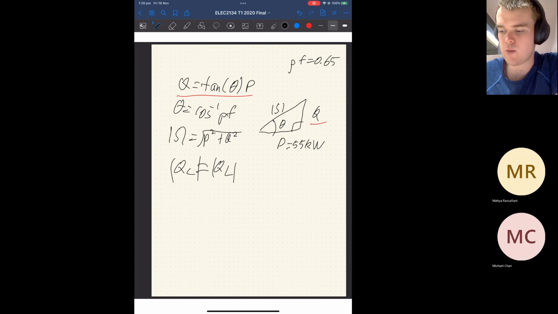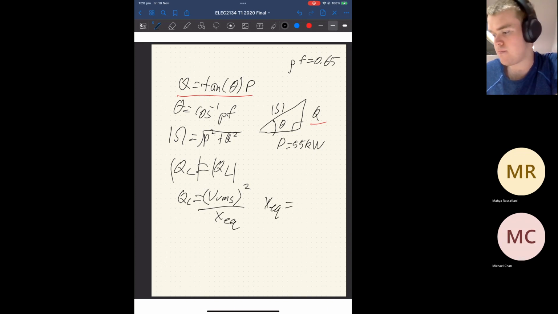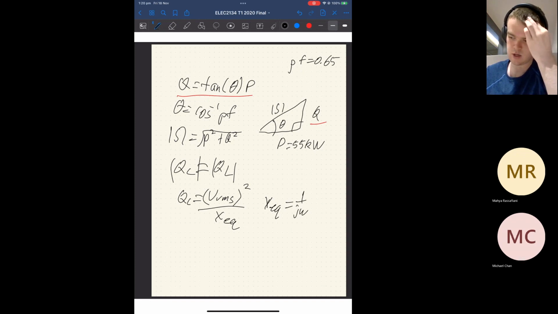As such, we have a value for QC, and we know that QC is equal to V RMS squared all over X equivalent. Now, X equivalent is equal to 1 on j omega C. Did I do that right? Yes.